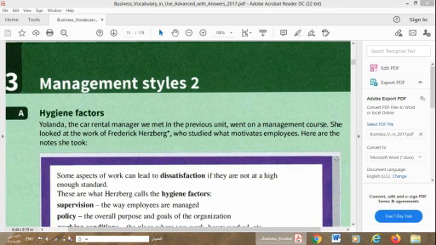طبعا كلنا عارفين نظرية هيرزبرغ اللي احنا بنسميها Herzberg's motivation theory أو two factor theory، نظرية العوامل الثنائية، لأنه بركز على two factors اللي هم الهايجين factors، وحنحكي كمان في السكشن الثاني على الموتيفيتنج أو الموتيفيتور factors.